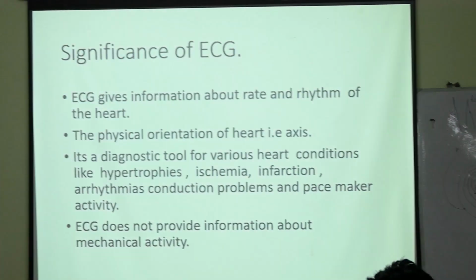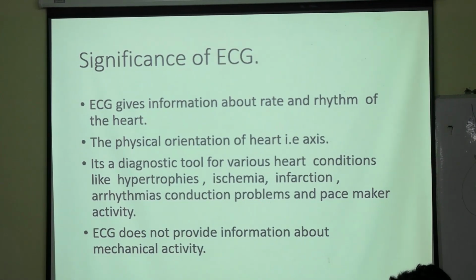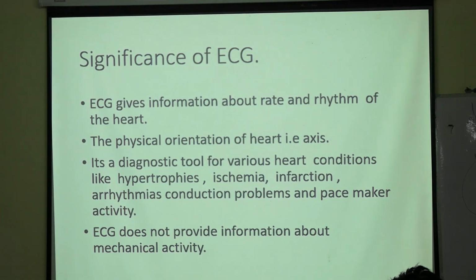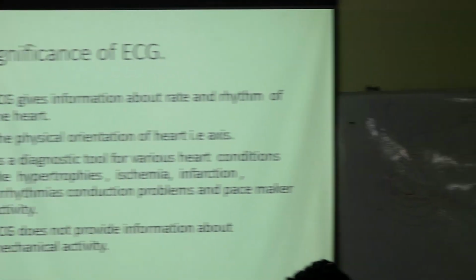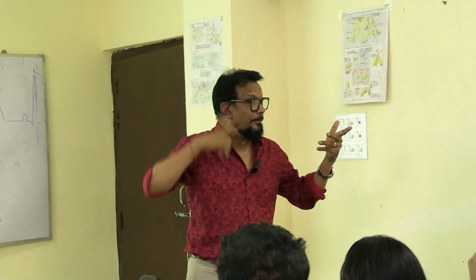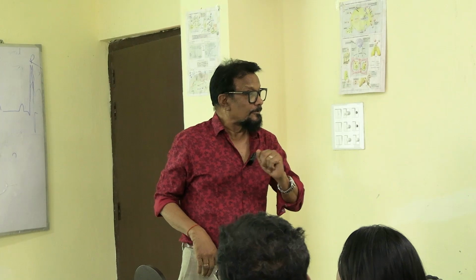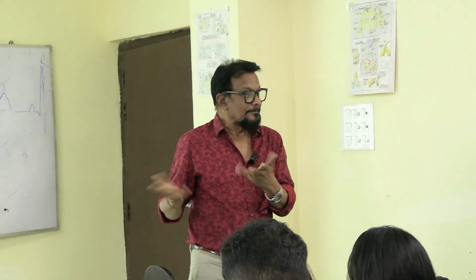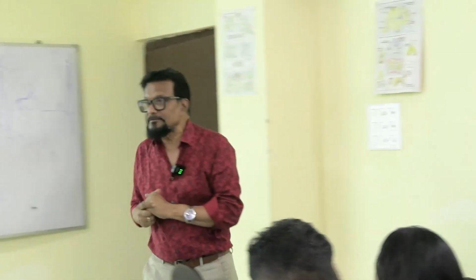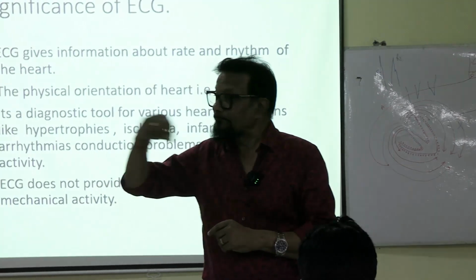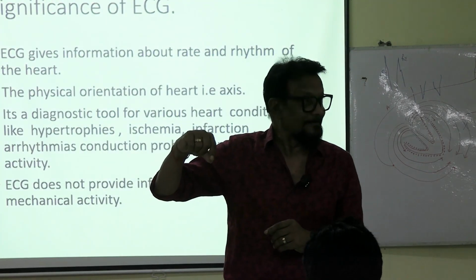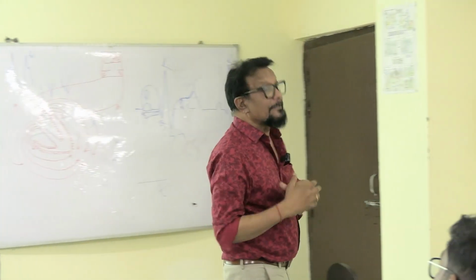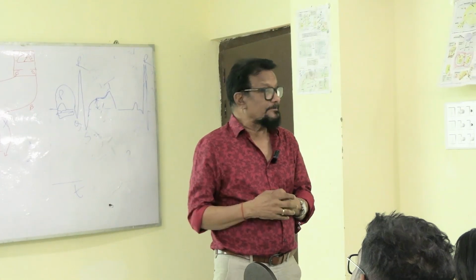So that information is also important for us, the physical orientation of the heart. Next, it is diagnostic. It can identify various diseases. Particularly, the heart has wiring, as I said earlier. What type of wiring? Special junctional tissues through which the cardiac impulse is transmitted throughout the heart, to the ventricle, to the septum, to all over the ventricles. These are conducted by some path, isn't it? It's like the AV node, bundle of His, right bundle branch, left bundle branch.